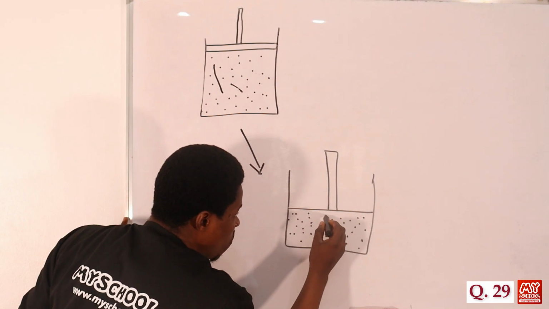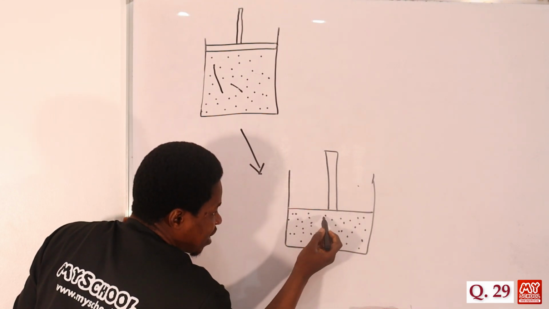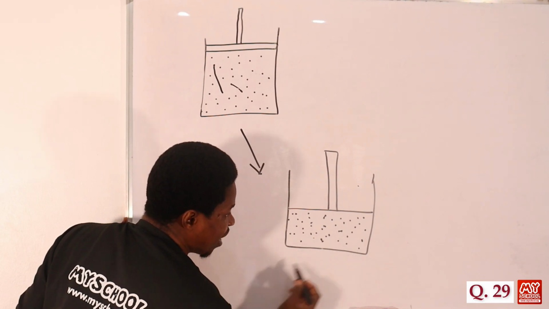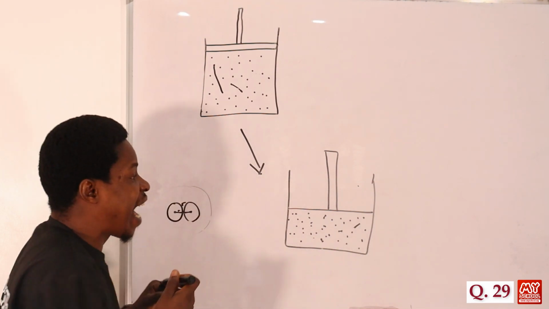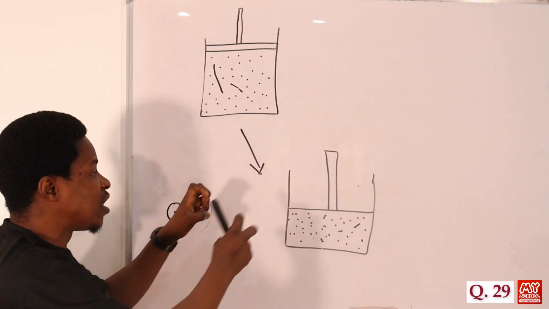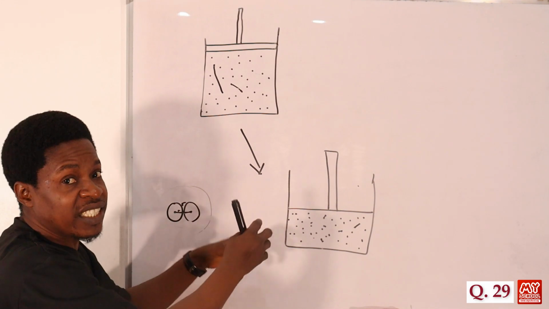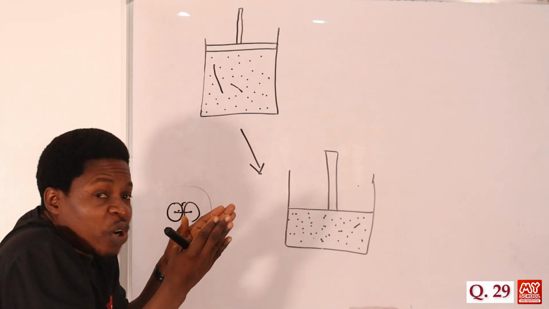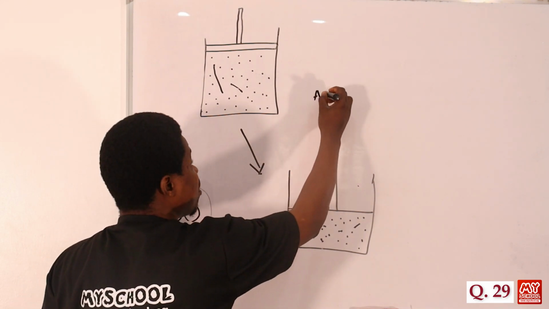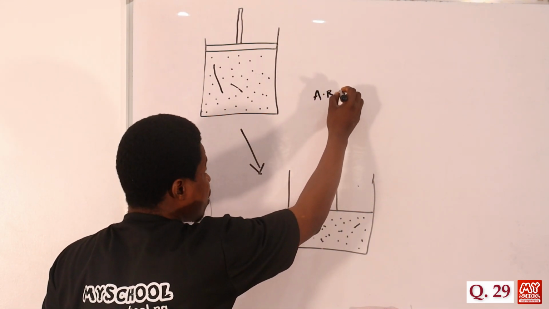So maybe this one was originally here, because you have compressed it, it has moved closer. You can see maybe this one also has moved closer. This has also moved closer. So the average intermolecular distance between each of the molecules or the particles of the gas definitely will also be reduced, of course. So which means that atomic radius will not reduce.